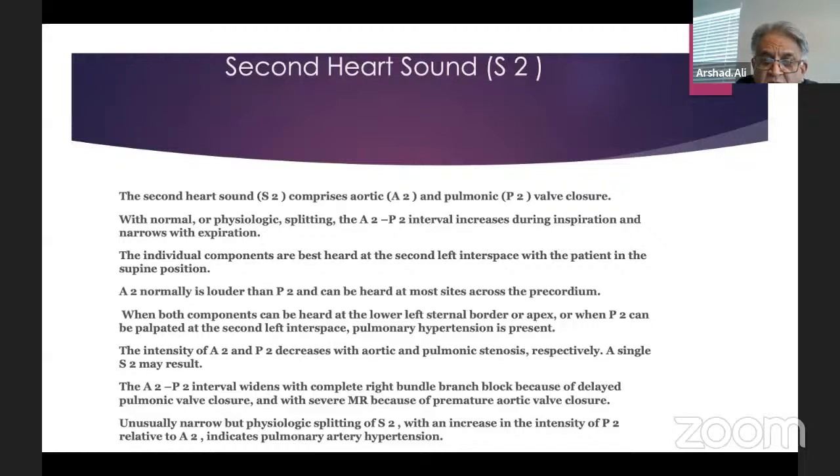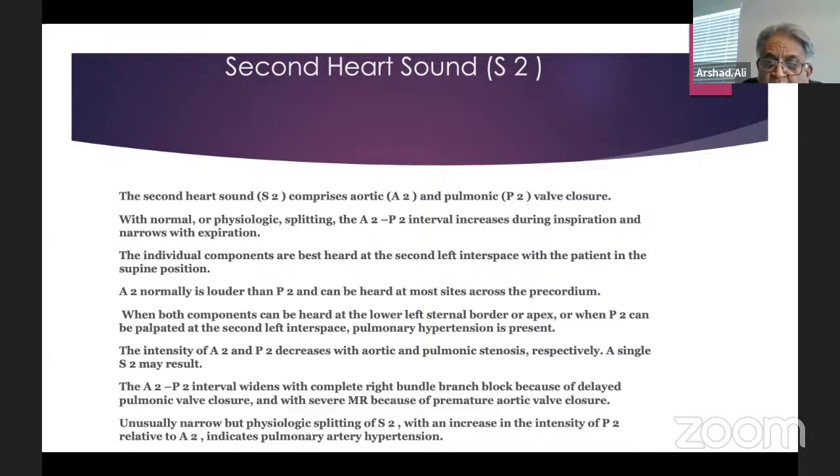Now, in certain conditions, when pulmonary hypertension is present, P2 can be auscultated in most places. You can actually palpate P2 also if there's significant pulmonary hypertension. If there is pulmonic and aortic stenosis, their intensity will decrease, and you may only be able to auscultate a single S2.